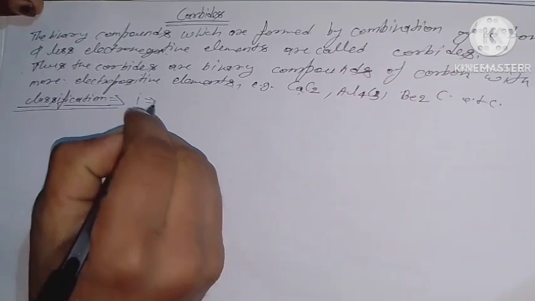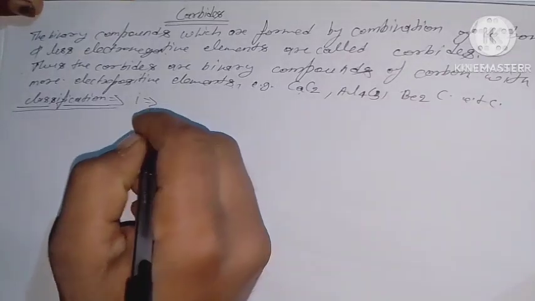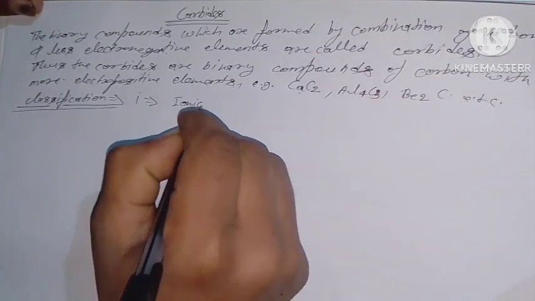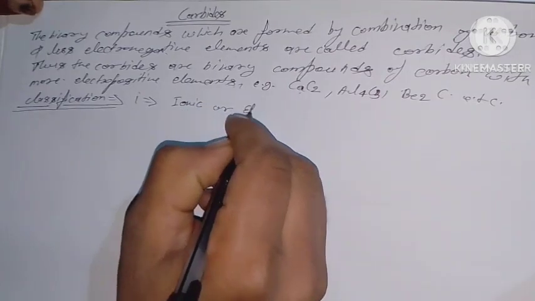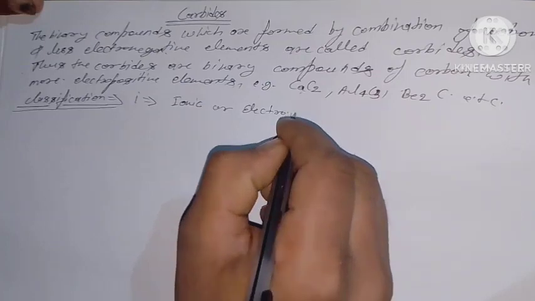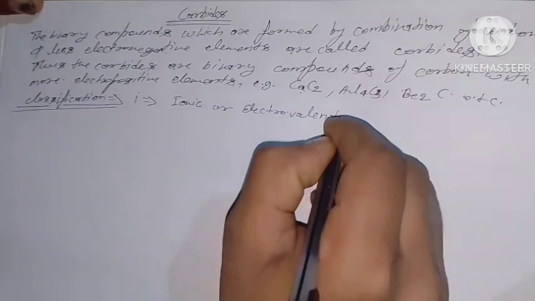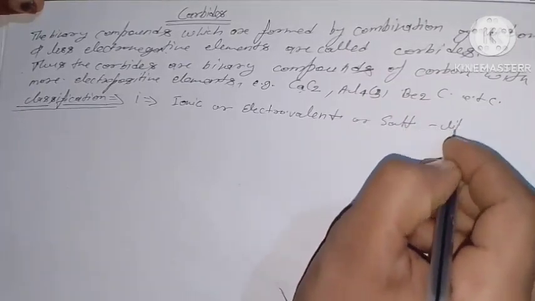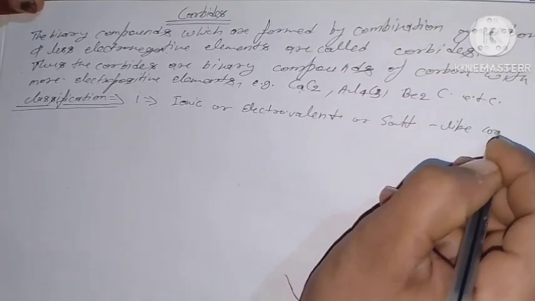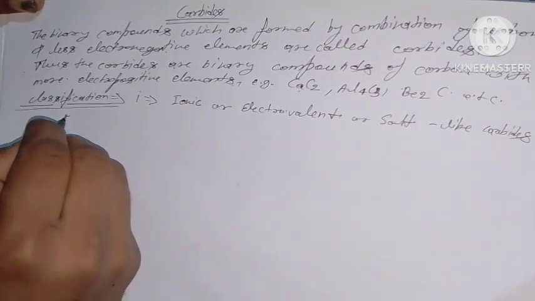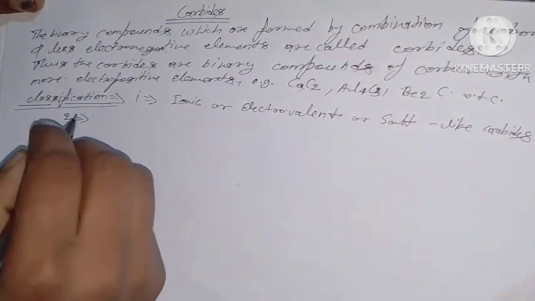First: ionic or electrovalent or salt-like carbides. Second: covalent carbides.